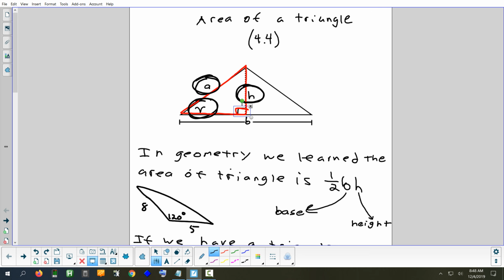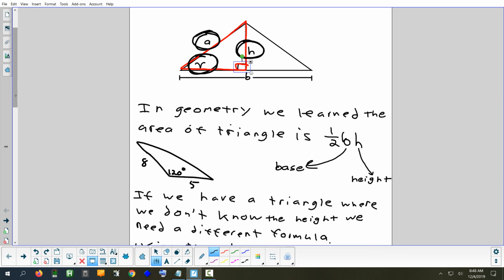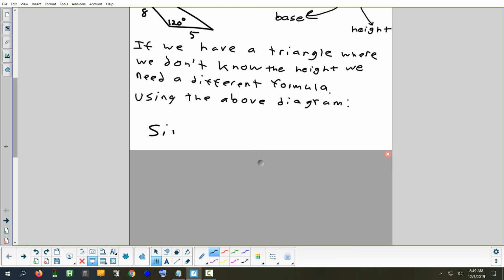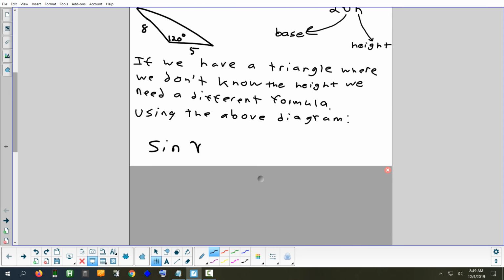Which trig function has opposite and hypotenuse in it? Sine. Yep. So I'm going to write an equation that's going to allow me to figure out the height if I don't know it. It's not using anything new. It's just using the right triangle stuff we did a couple weeks ago. So, sine of your angle. How do you pronounce that one again? Gamma.